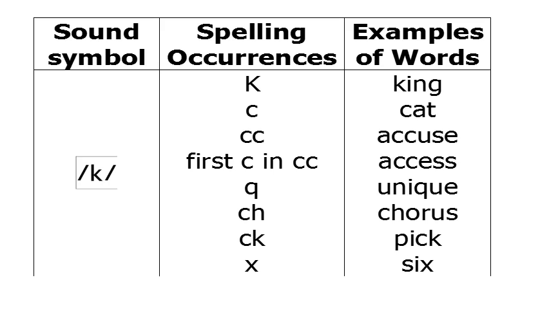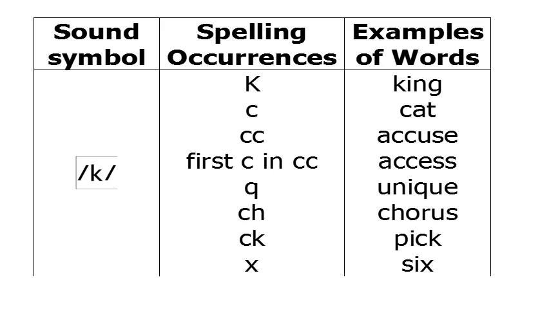This sound is pronounced K. It can be got from letter K, letter C, letters CC. It can be the first C in CC, and it can come from letter Q. It can also be from letters CH.